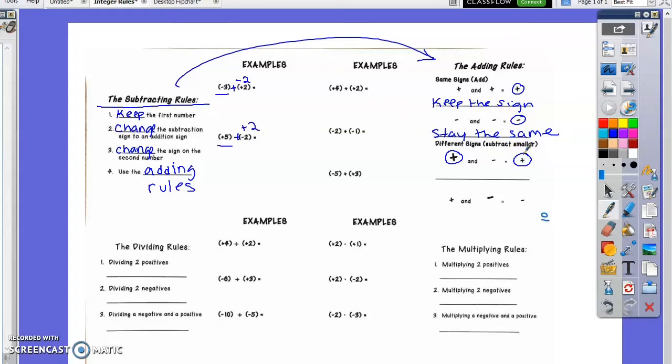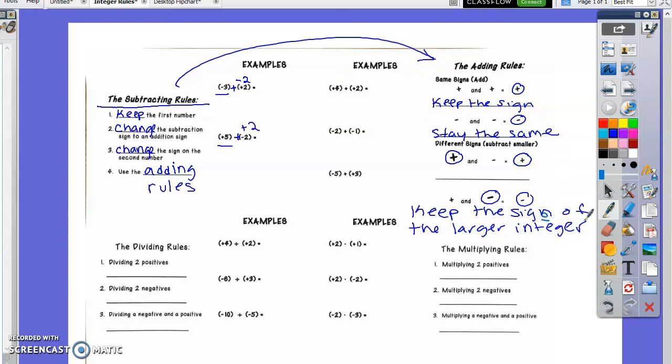Alternatively, if the negative integer is larger than the positive integer, you are going to keep the negative. So underneath these notes, you want to say that you are going to keep the sign of the larger integer.